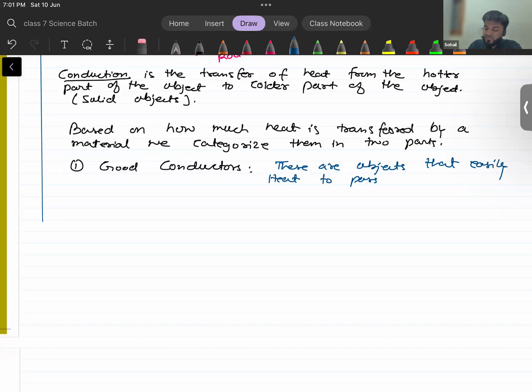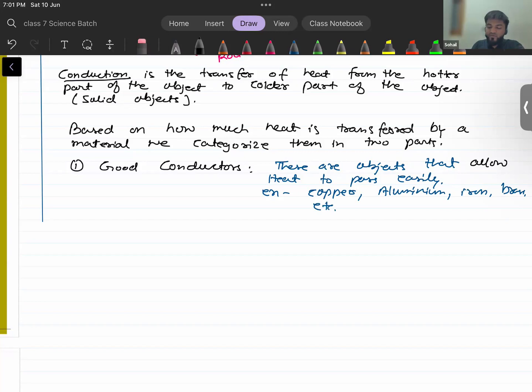And copper. So some of the examples, as you mentioned, are copper, aluminum, iron, brass, etc.